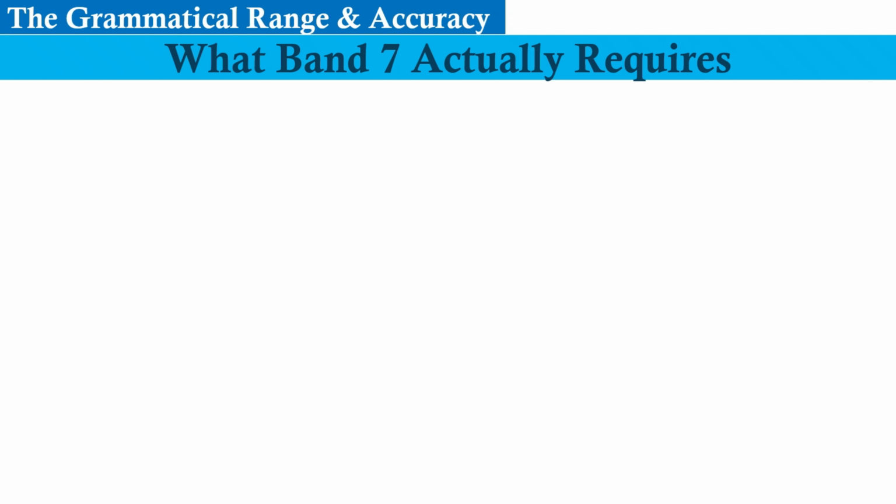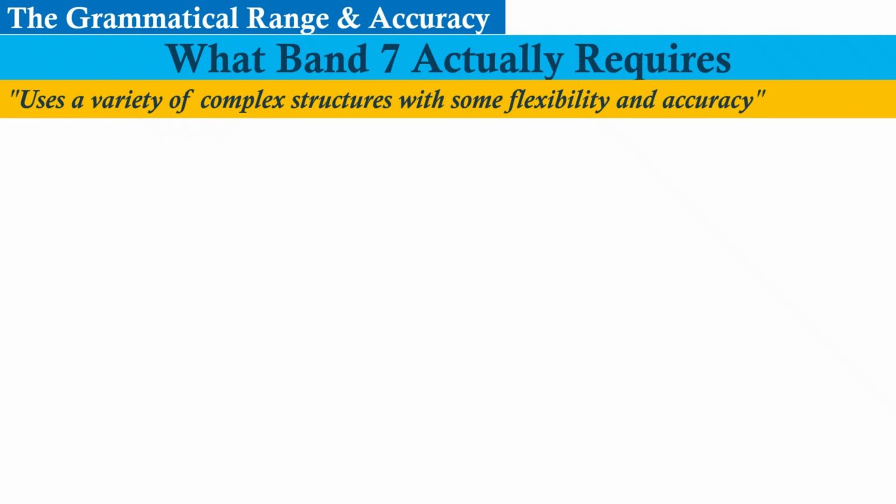Before we look at the individual grammar structures, it is important to understand why they matter. The IELTS Band 7 descriptor for grammatical range and accuracy states that a candidate uses a variety of complex structures with some flexibility and accuracy. In simple terms, the examiner is looking for more than short, repetitive sentences. For map description specifically, this usually means 3 things.